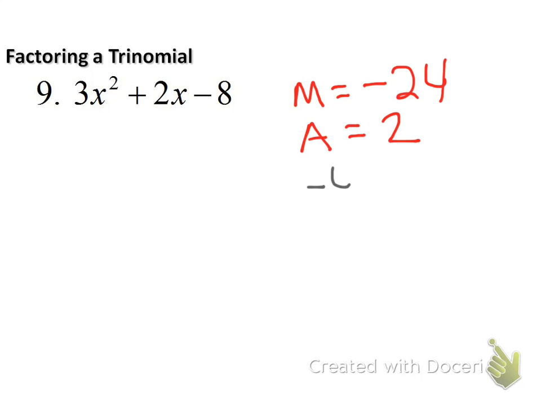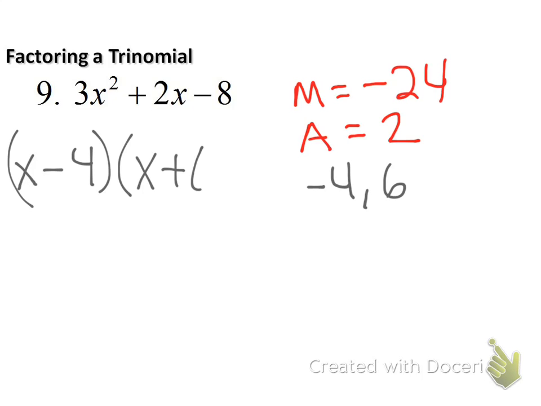Yeah, you had your signs backward. It's negative 4, positive 6. A good hint on that, if you're not sure which way the sign should go, remember, to add to a positive number, the bigger number needs to be positive. If this would have been a negative 2, then the 6 would need to be the one that's negative. All right, so negative 4 and positive 6. So x minus 4, x plus 6.